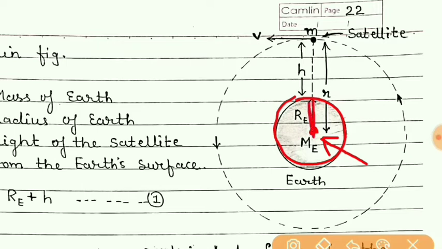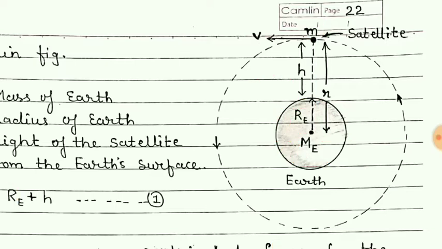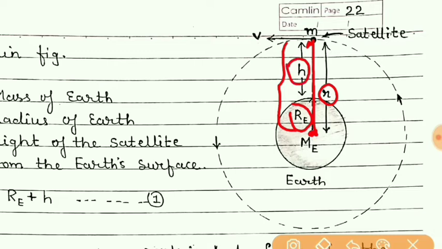This is the radius of the Earth, denoted by Re. Mass of the Earth is denoted by Me, and the satellite of mass small m is launched at height h. The distance of the satellite from the center of the Earth is denoted by r. So it is clear that r is nothing but Re plus h.